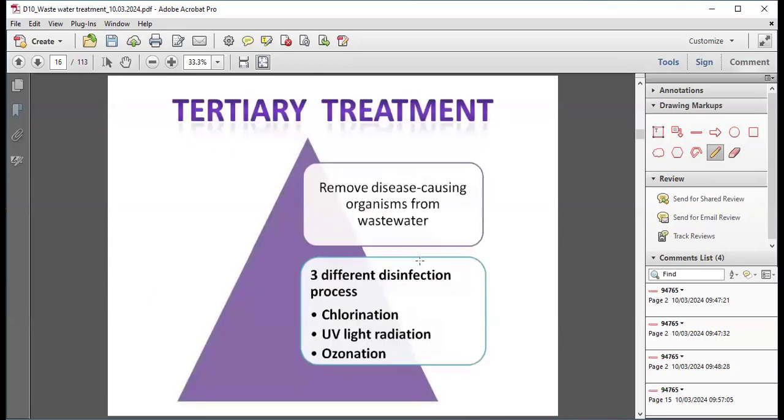This is the tertiary treatment. Tertiary treatment means removing the disease causing organisms from wastewater. Three different disinfection processes. Normally, you know this one, the chlorination.